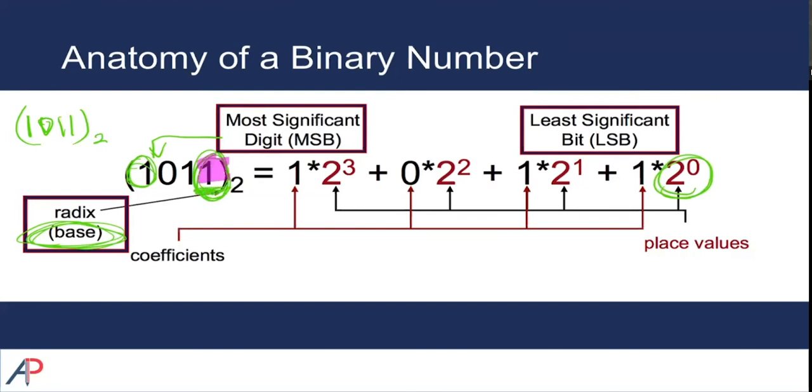We have our next digit after that, so 1 times 2 to the first power. Then our next digit is 0, 0 times 2 to the second power, because that is the corresponding place value and the digit being multiplied with it. And in terms of our most significant bit, that 1 is being multiplied by 2 to the third power, which is the correct place value.